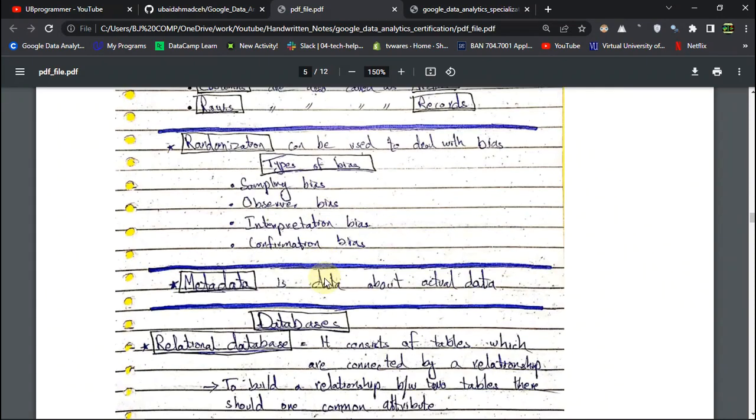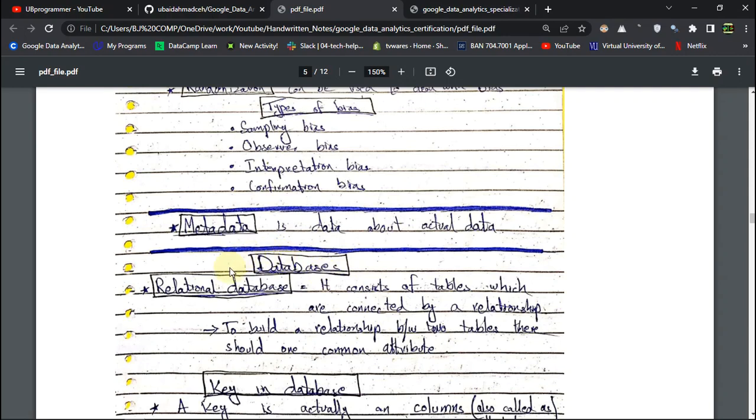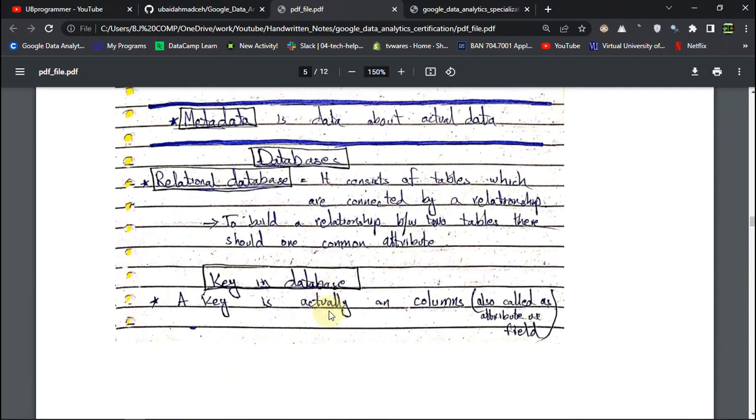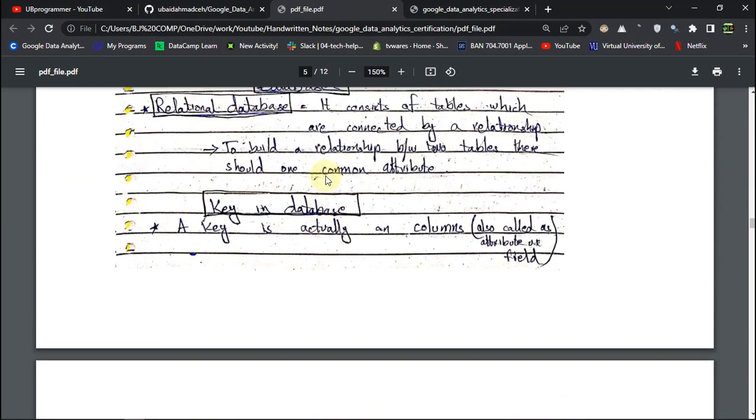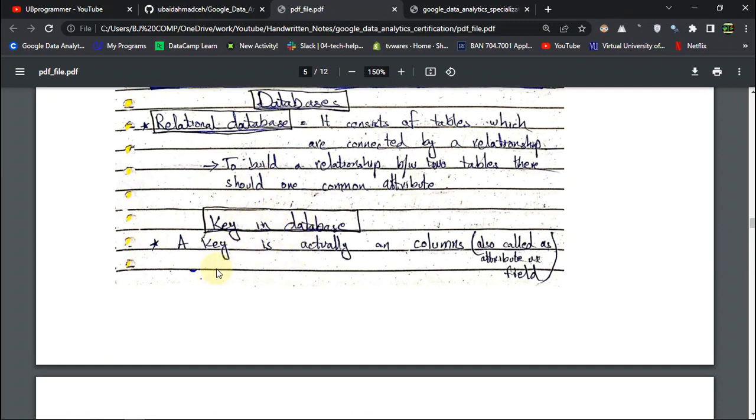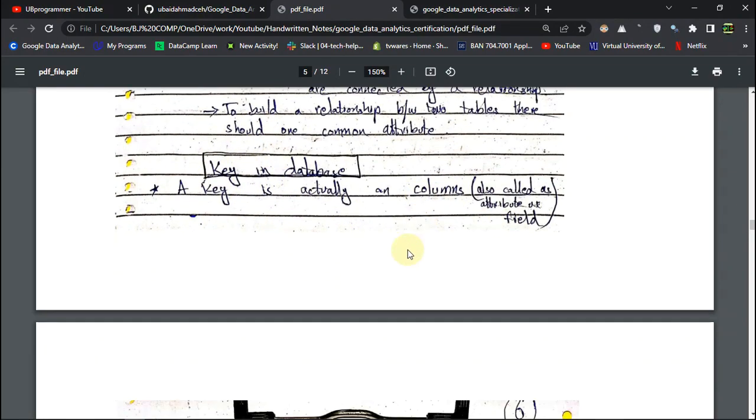Then they introduce databases, like the relational database, which is the main thing we use in it, because it goes like a tabular structure, or spreadsheet format, to store the data. Then there was a great explanation of the key. This is the main concept, I would say, in the database.